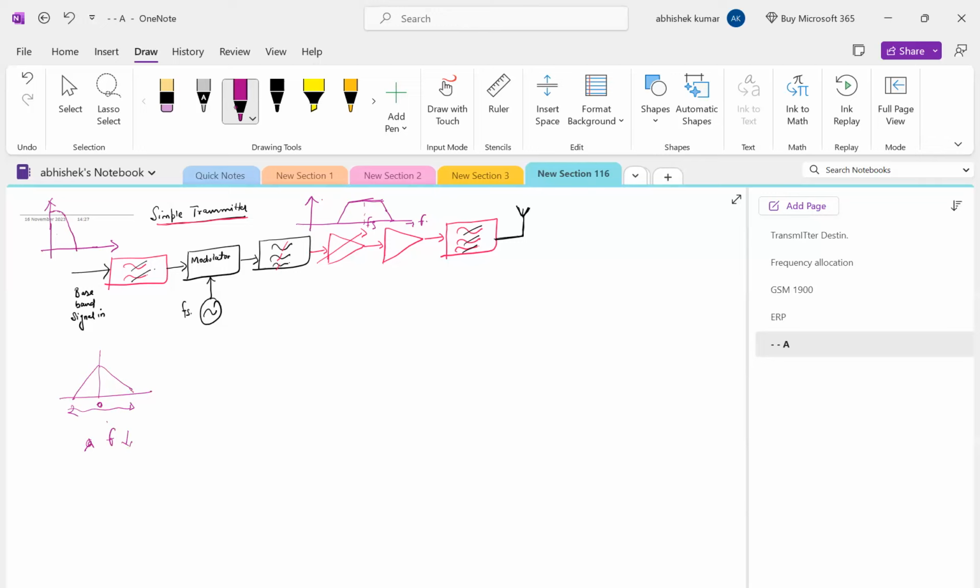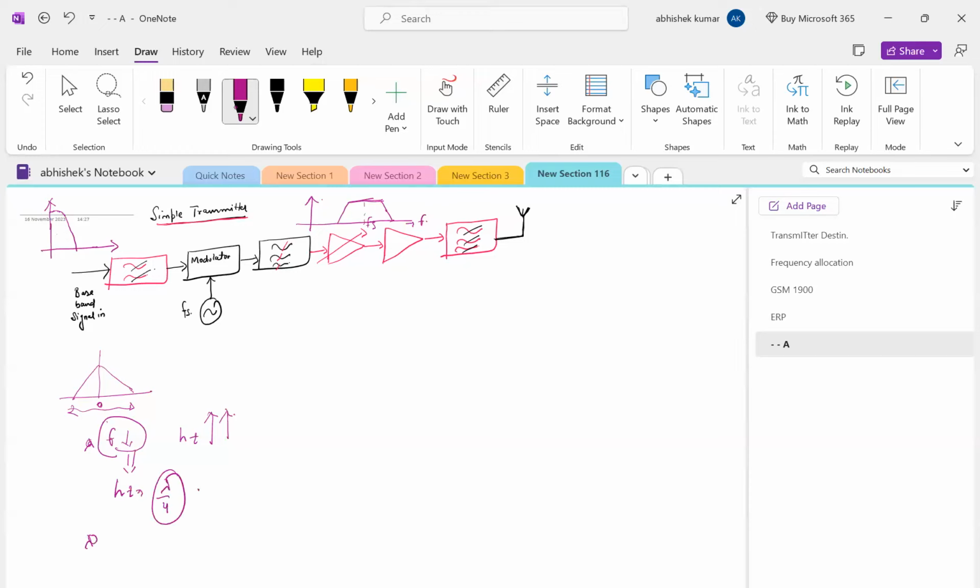If it is to travel a longer distance, we have to choose a very high antenna height. The height of the antenna is generally lambda by 4.